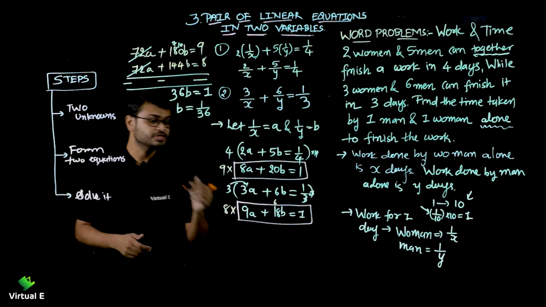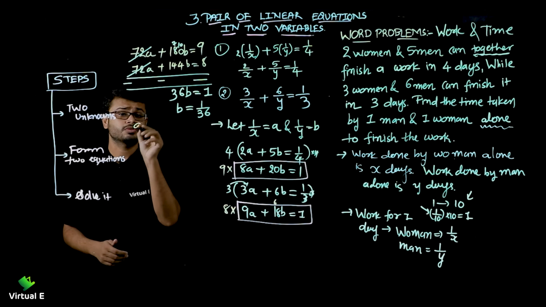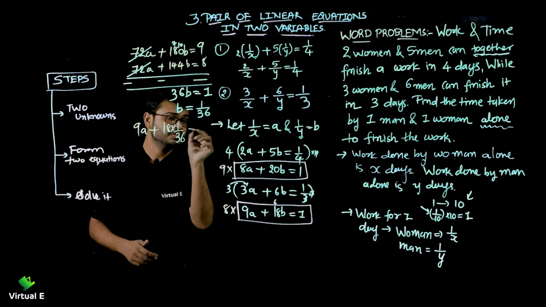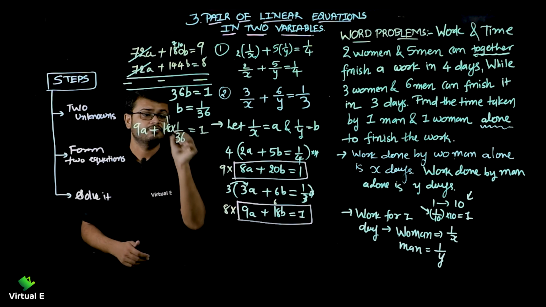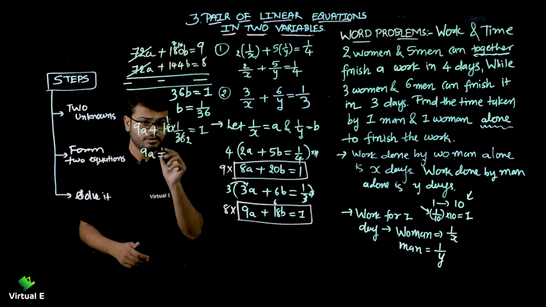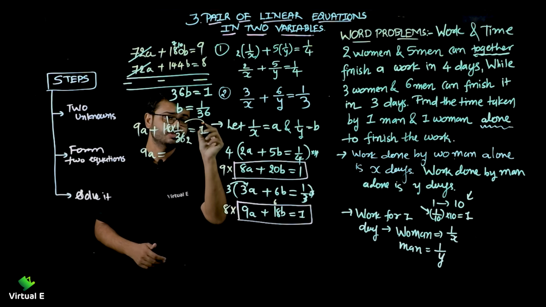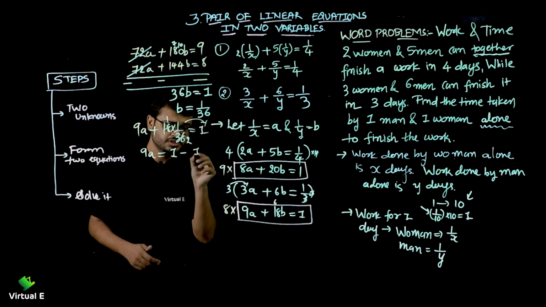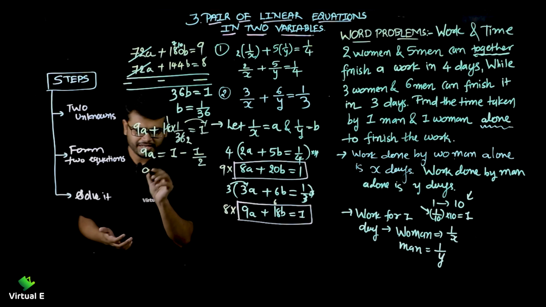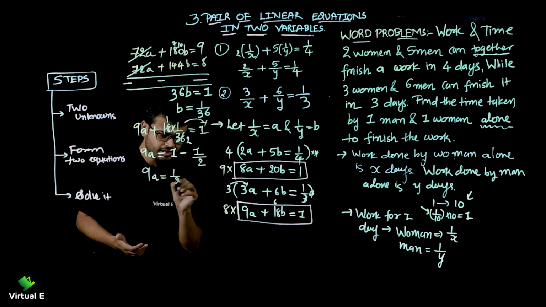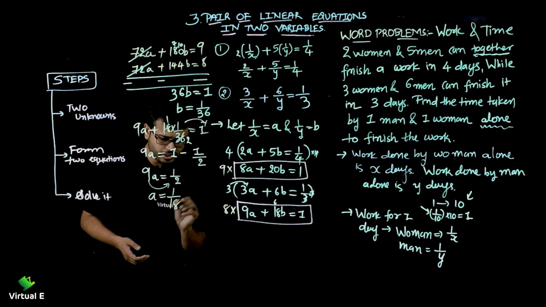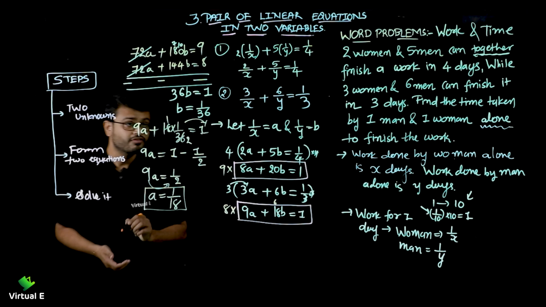So 9a plus 18 multiplied by 1 over 36 is equal to 1. 18 1s are 18, 2s are 9a is equal to, if I directly shift over here, 1 minus 1 upon 2. So 1 minus half, what will you get? Obviously very easy, that is half only. And this 9 will go into the denominator. So a is equal to 1 over 18. This is my solution for a.